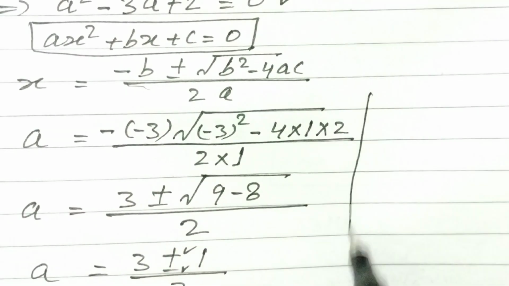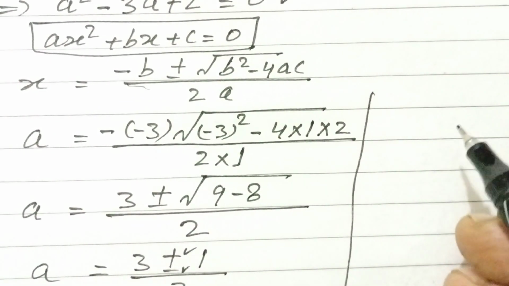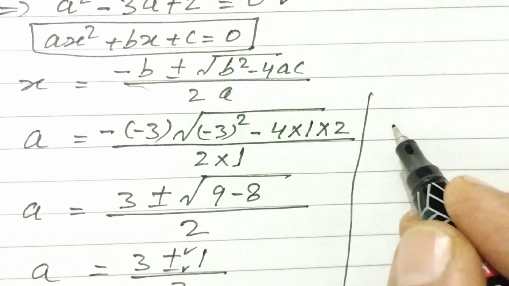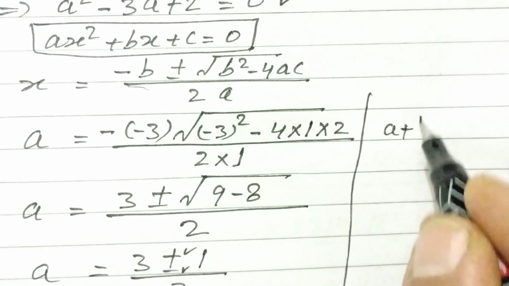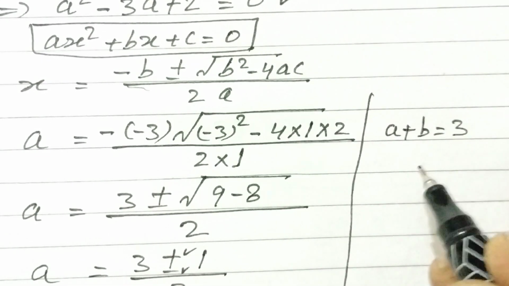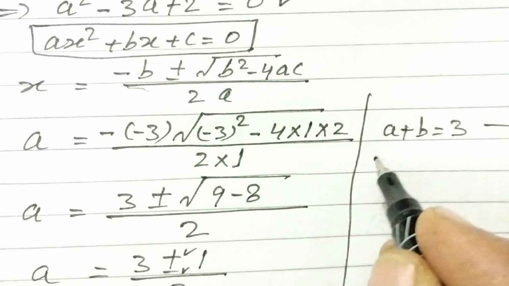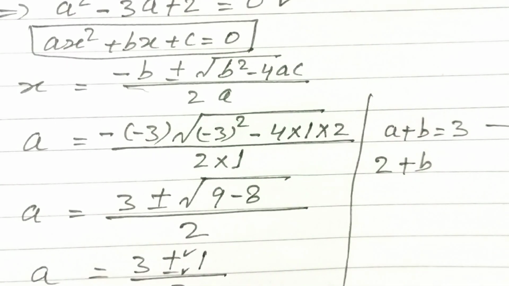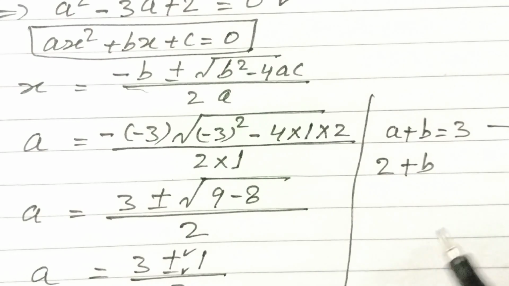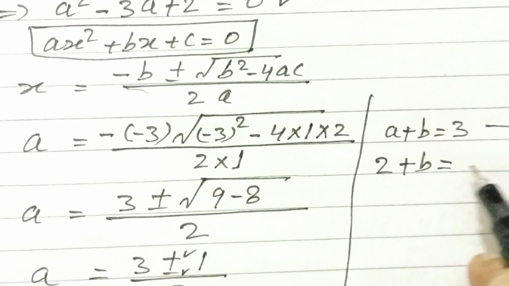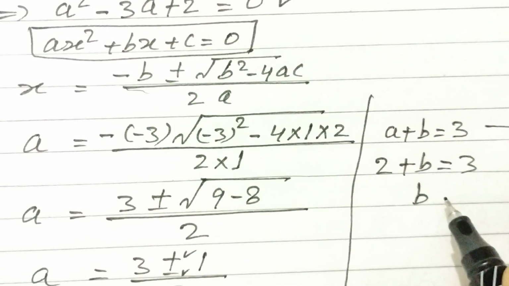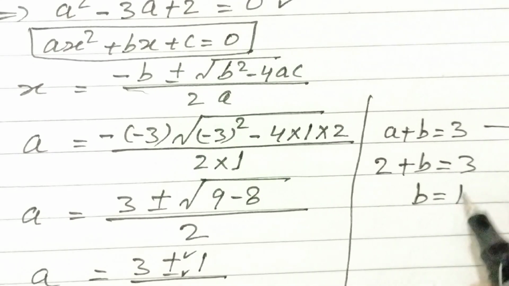Now we have equation first, a plus b is equal to 3, right? So 2 plus b is equal to 3 or b is equal to 1.